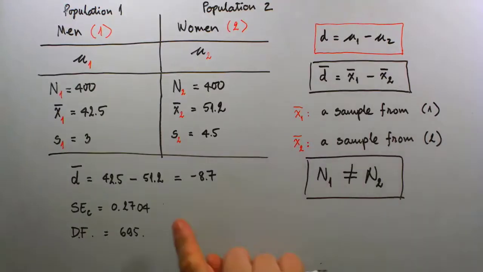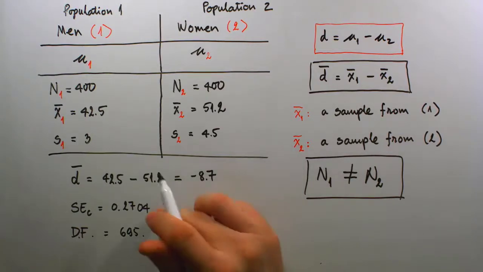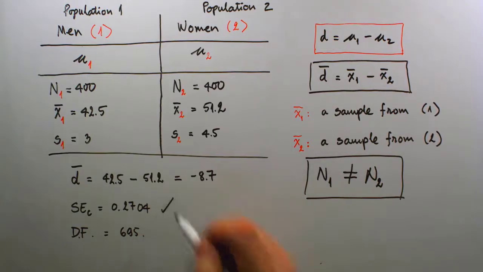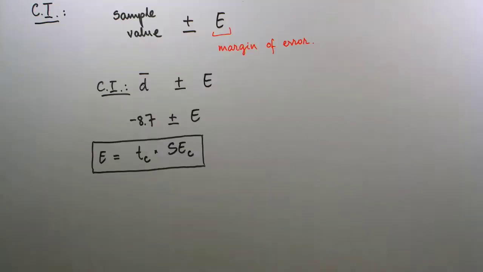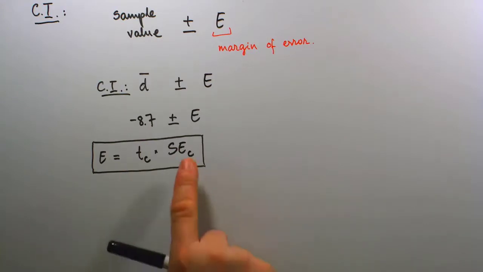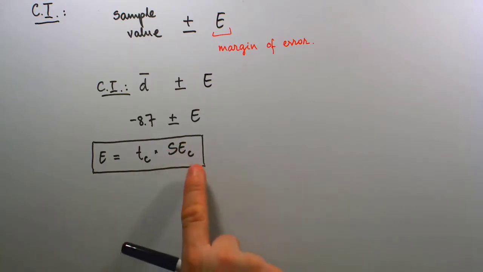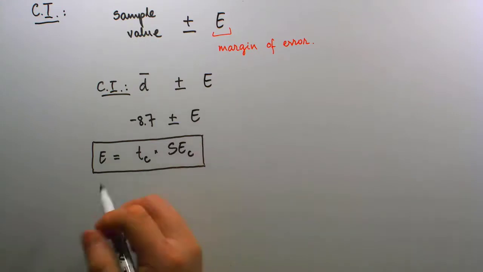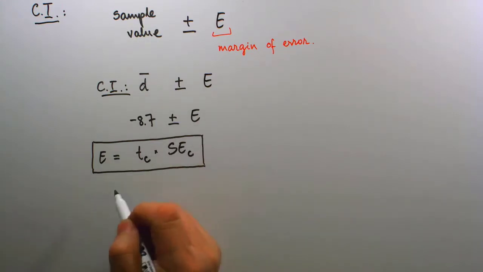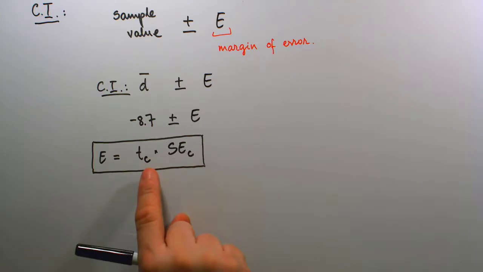And so now this is where this piece of information that we have calculated from part A will become very useful for us here. So we have already calculated SEC, or the combined standard error, to be 0.2704. So that means in this margin of error formula, we have already had that value being 0.2704. So what we mainly need now is the T sub C value.